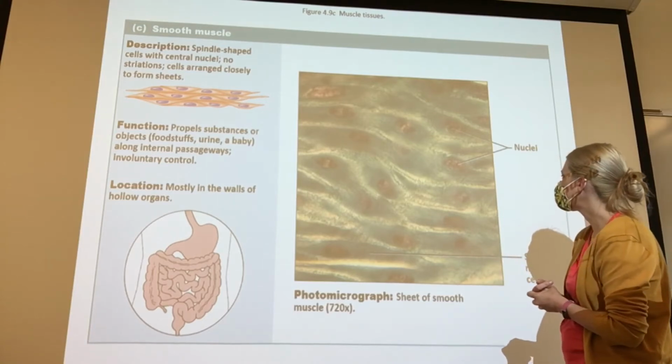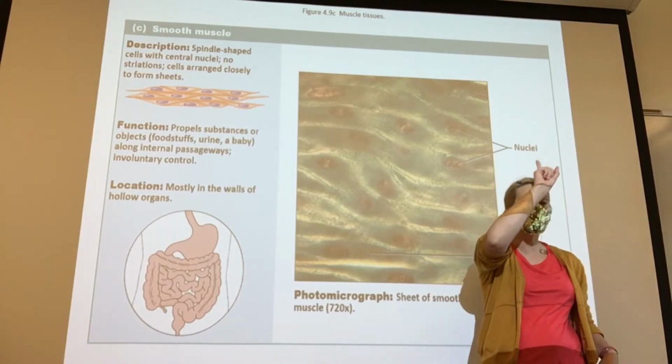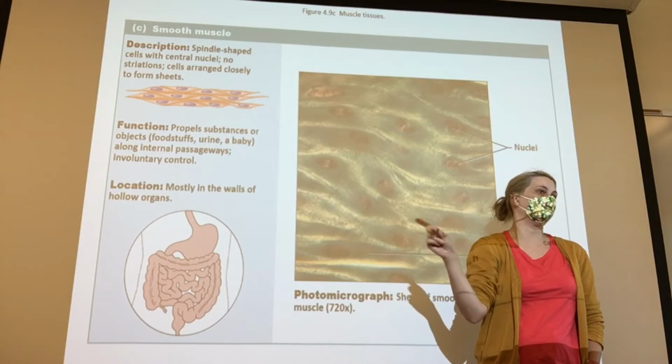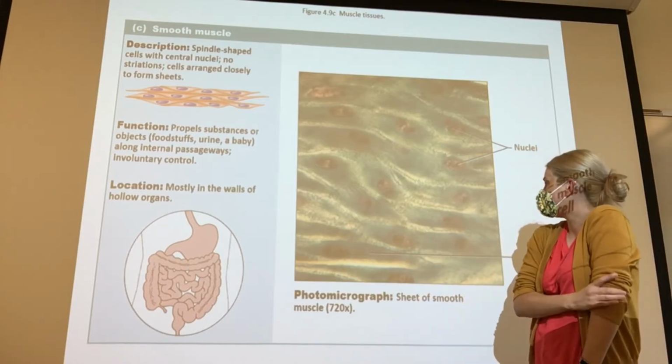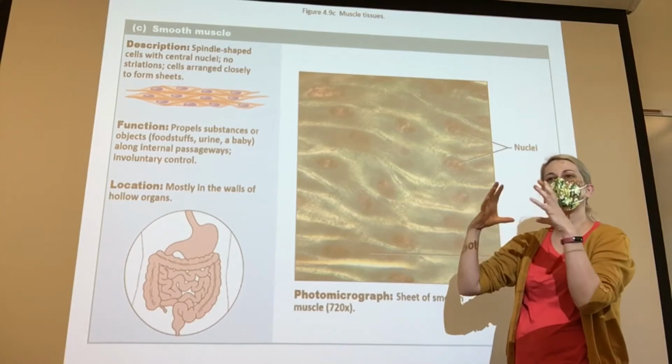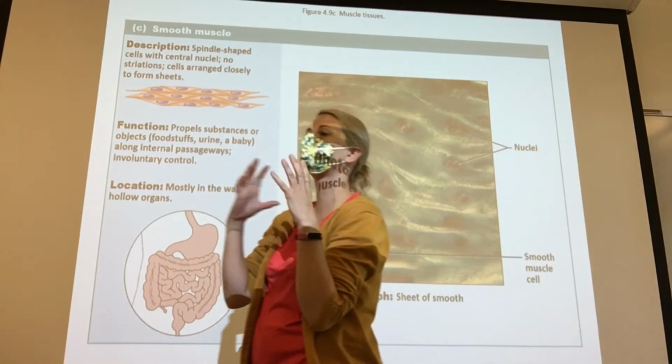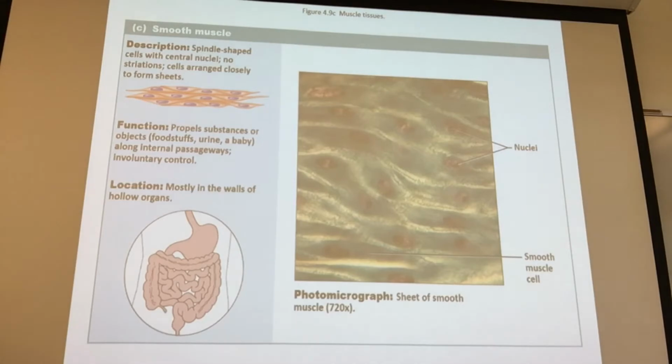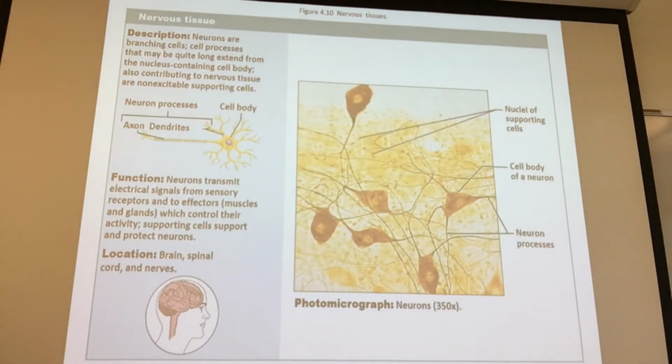It has one nucleus only. No more than that. And they're all connected, and they allow for the push through of lumen or hollow organs. It's a smooth muscle. Okay.